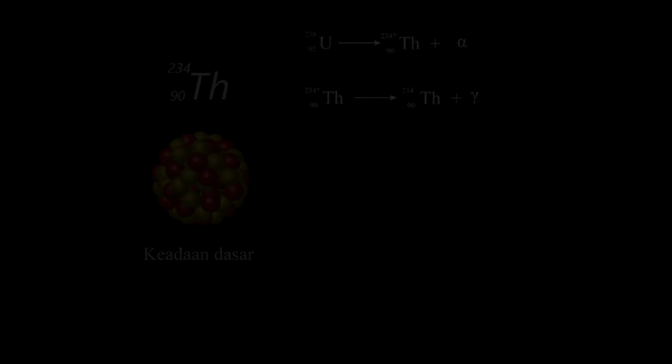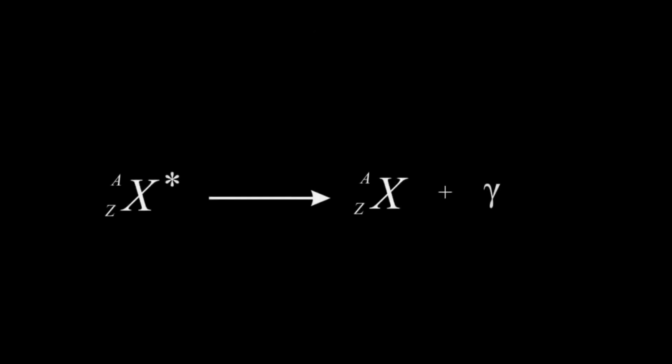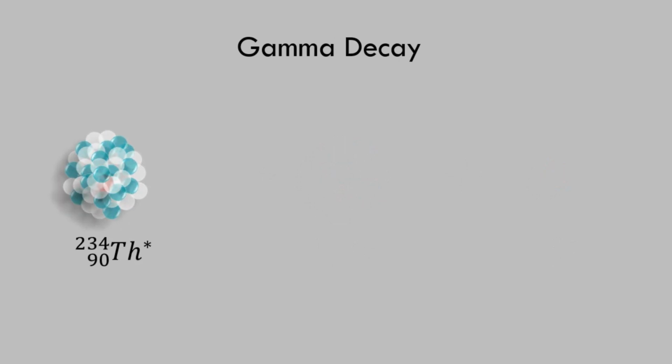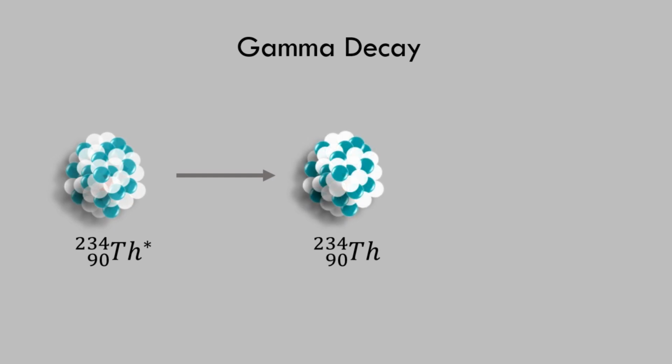In the process of emitting these photons, neither the atomic number nor the mass number changes. For example, thorium in an excited state with 90 protons and nucleon number 234 will change into stable thorium with the same number of protons and nucleons by emitting gamma rays.